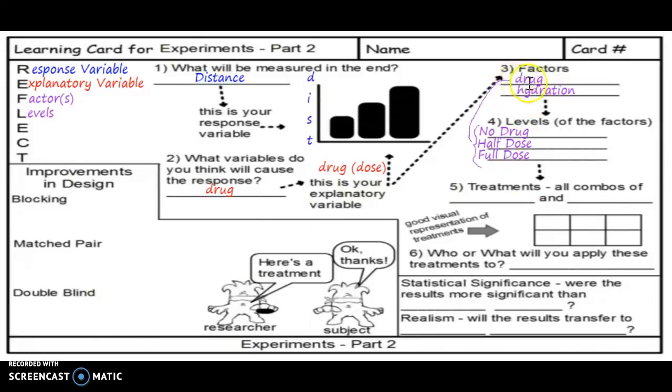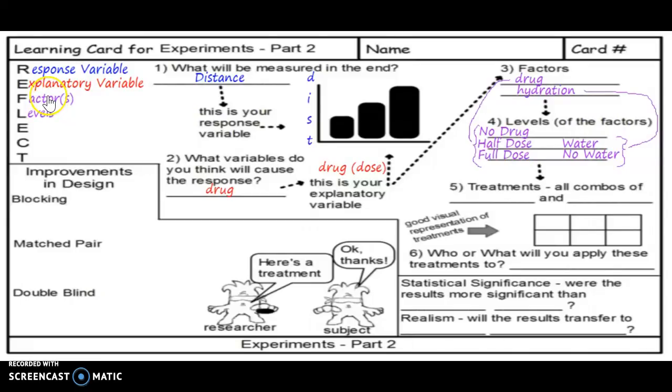So once again, the drug factor has 3 levels: no drug, half a dose, full dose. Now, what about the hydration? Well, for the hydration, we're just going to have 2 levels. Yes, they are going to drink water, or no, they are not going to drink water. So here you can see that the factor of hydration has 2 levels, water or no water.